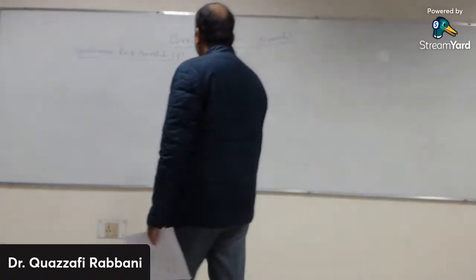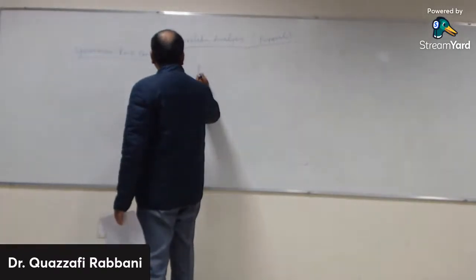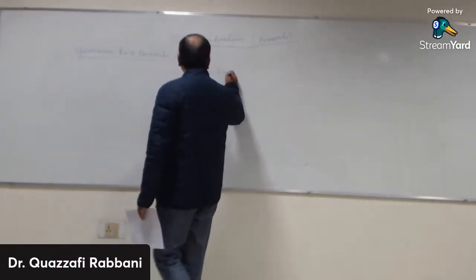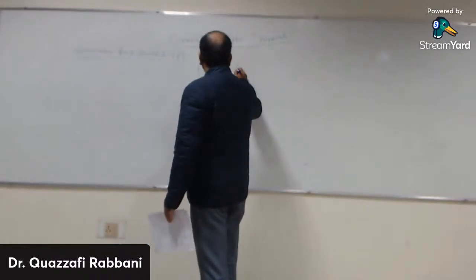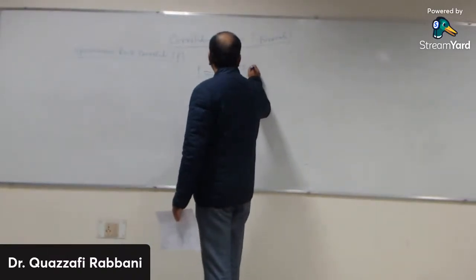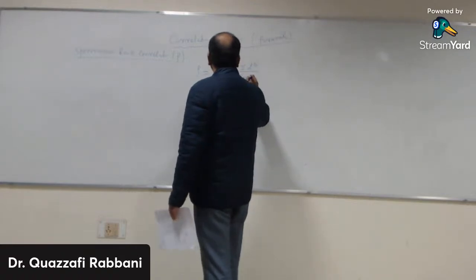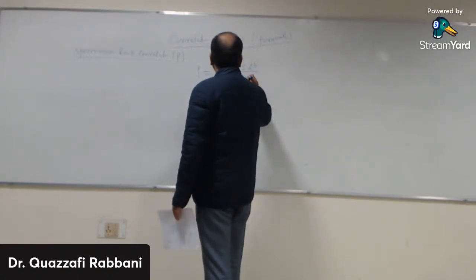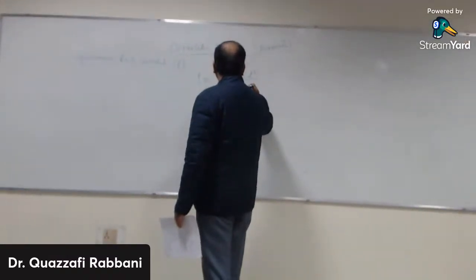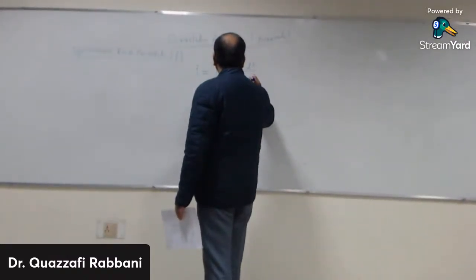And the formula of the rank correlation is just 1 minus 6 summation d square divided by n into n square minus 1.